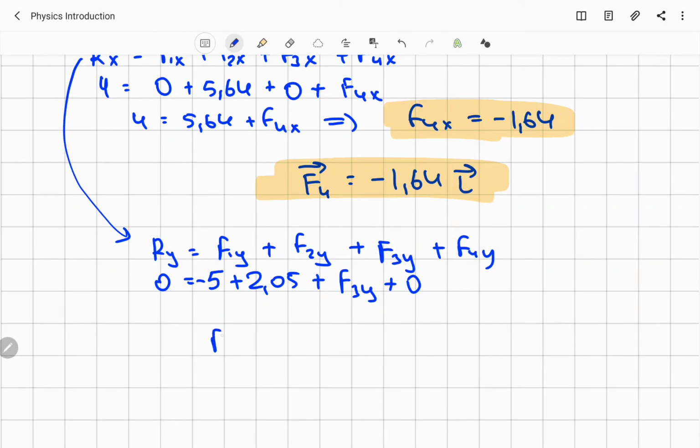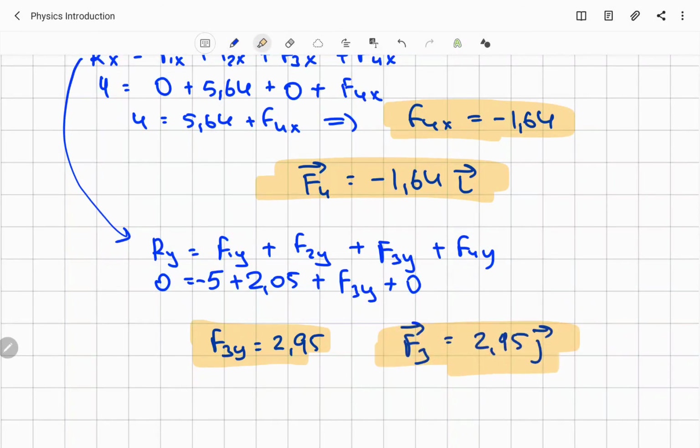So from here, f3y equals positive 2.95. This is the y component for the third vector, and you know that the x component for this vector is 0 because of the direction given in this diagram. So we can say f3 equals 2.95 j because it's only in the vertical direction.